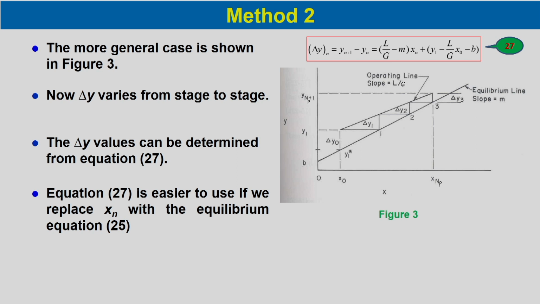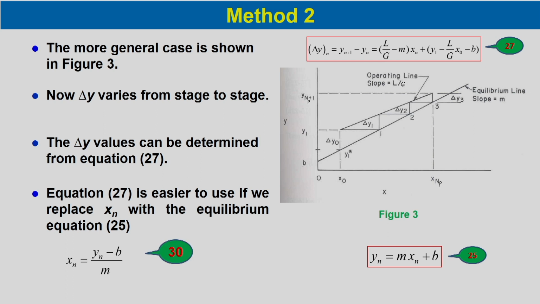Equation 27 is easier to use if we replace x n with the equilibrium equation, y n equal to m x n plus b. From this, x n would be y n minus b by m.